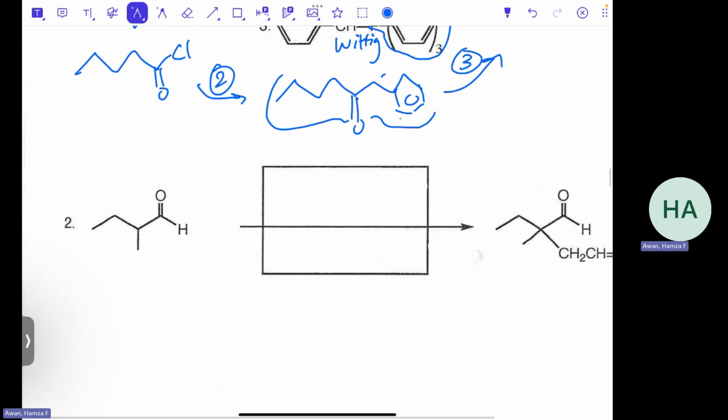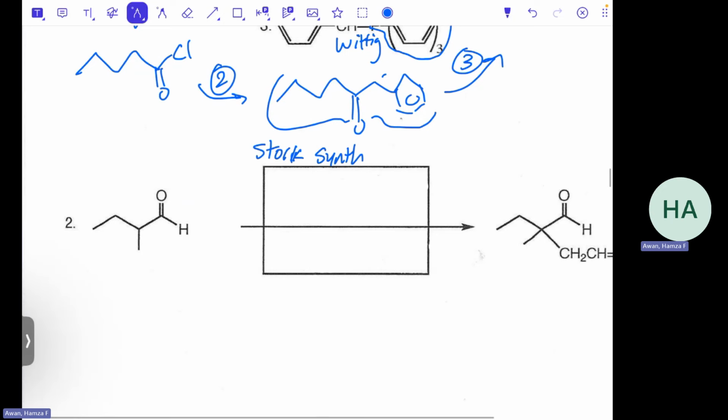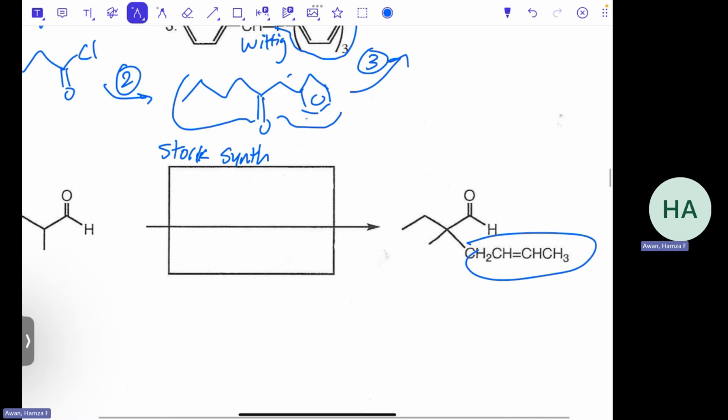This is done using Stork synthesis. What Stork synthesis does is create an enamine, and then from there we can add a group like this.